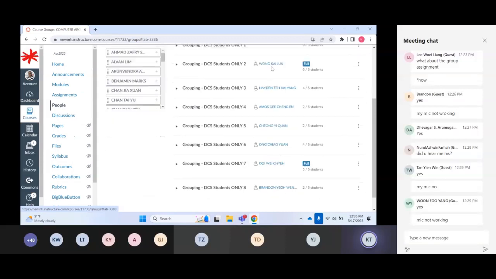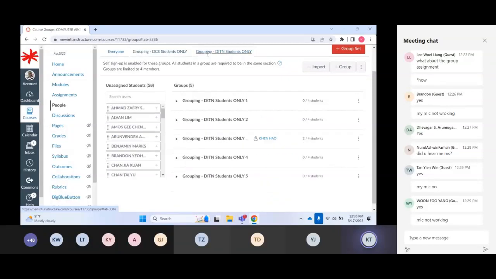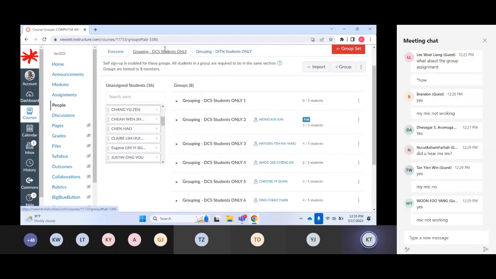So maybe you can choose this person to submit for your group. Next, I can see some of you haven't got any groups yet. So I give you time until next Wednesday. If you don't find yourself a group here, the DITN students also, until next Wednesday, I will put you into a group randomly. So if you don't want me to do that, you better do it yourself.